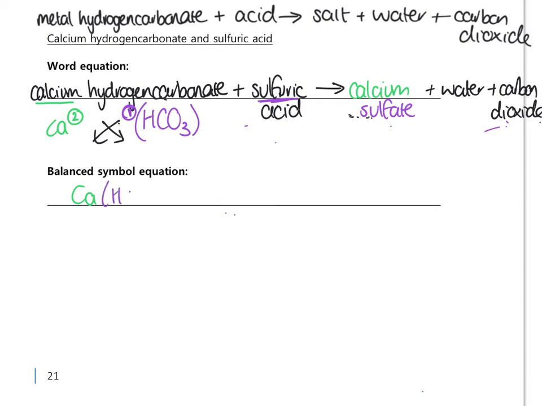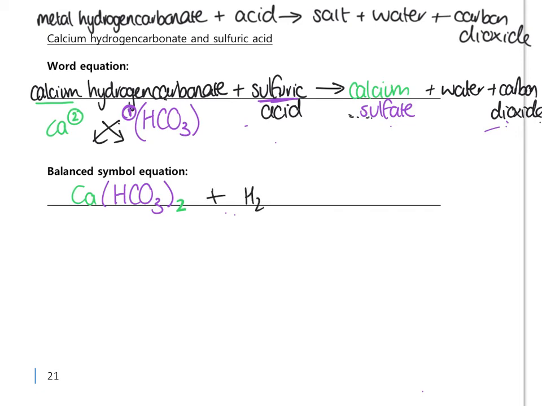My hydrogen carbonate has stayed in brackets. And remember to carry through your 3 from the formula. So it's HCO3. And then what goes outside the brackets? The little 2 that I swapped down from my calcium. So that's why we need brackets there. So that 2 can go outside the brackets.